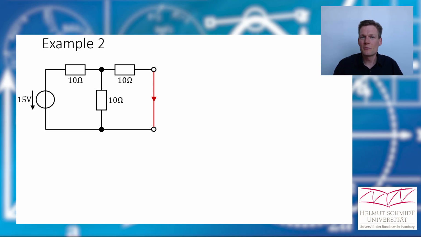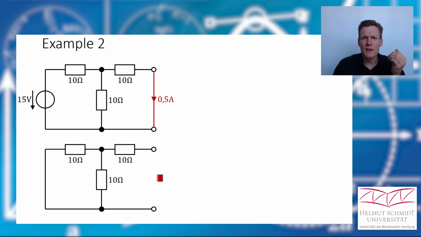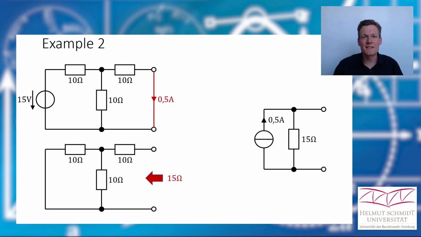If you don't, practice more. So the current here would be 0.5 amperes. And we also need our inner resistance, but it's the same as before. We deactivate the source, we look into the clamps and see, hey, the inner resistance is 15 ohm. And then we have our practical current source and it looks like this.